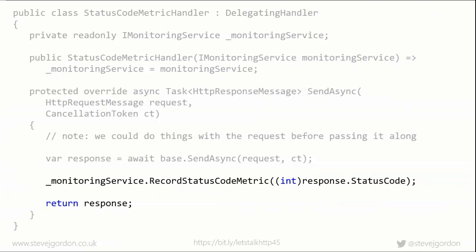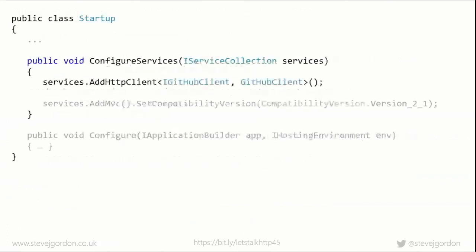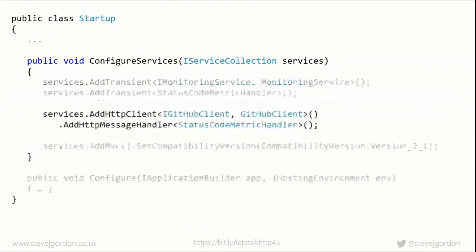To register this into my application, I can take advantage of some of the other configuration on HttpClientFactory. When you do AddHttpClient, you get back an HttpClientBuilder. On there, you can fluently configure other things about that client. One of the things I can do is call AddHttpMessageHandler, and then give it the handler type that I want to add.